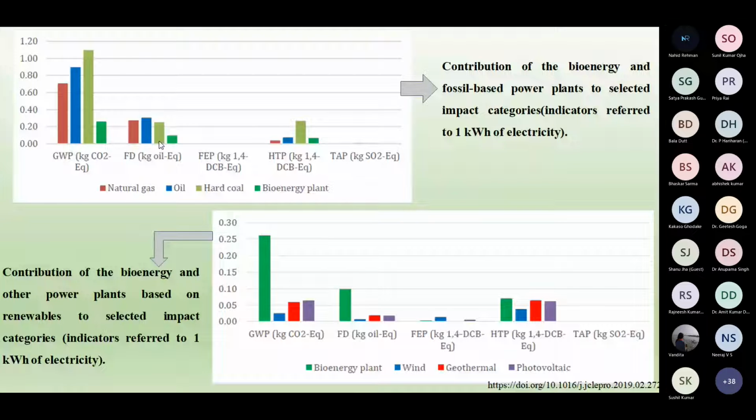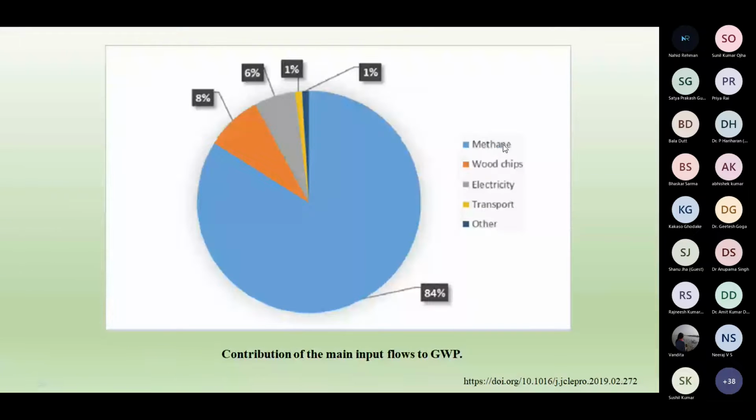This one is the comparison or contribution of bioenergy and other power plants based on renewables. The chart is showing the bioenergy plant assessment over here, because you know the calorific value of this bioenergy is very high. So you can see that by this plant, basically you were able to get a lot of methane.